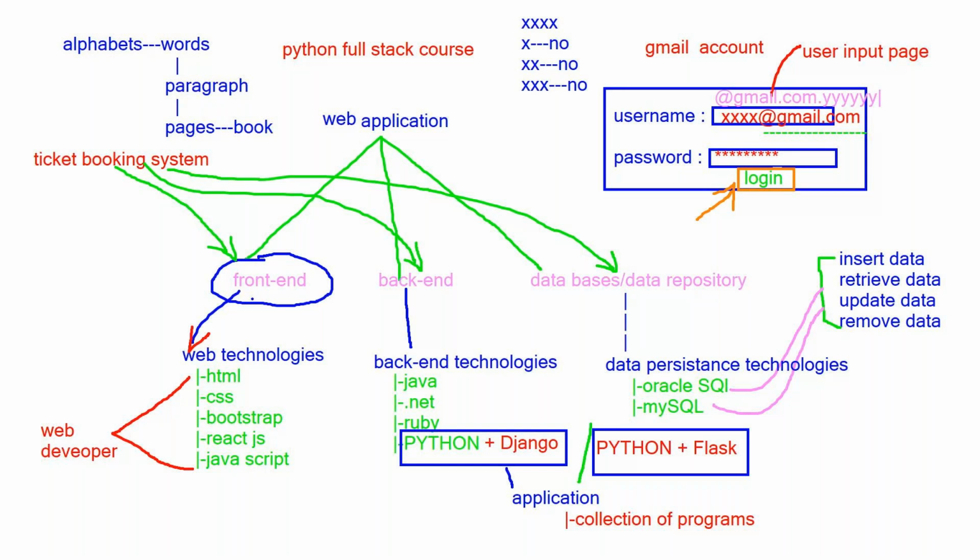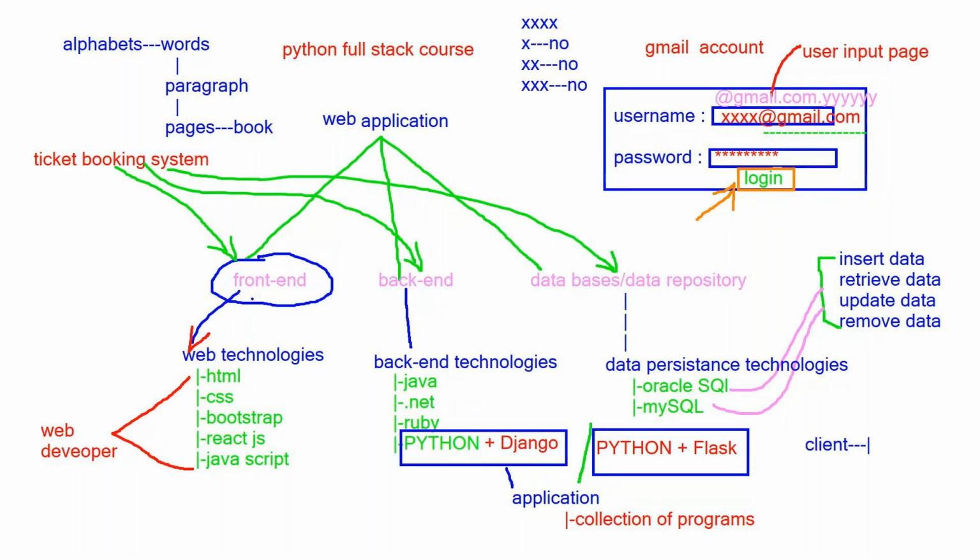Client side means the computer from which you are interacting with Gmail. Gmail is running on a server somewhere in the world, and you are going to interact with that computer. In web application development, there is something called client and server environments.